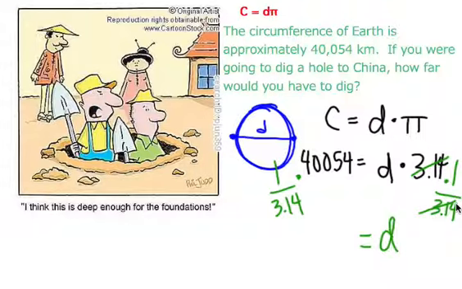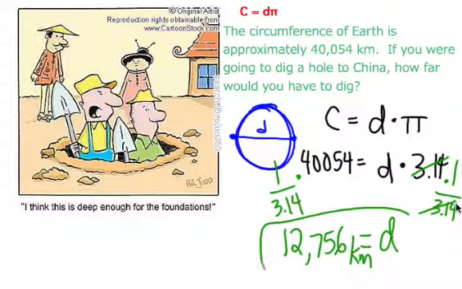And you get, if we round it off, approximately 12,756, what's our unit? Kilometers. So that's the diameter of Earth. If you were able to dig through Earth, that's how far you'd have to go, pretty far. So remember, you can use these formulas, plug in, and solve for the missing variable.